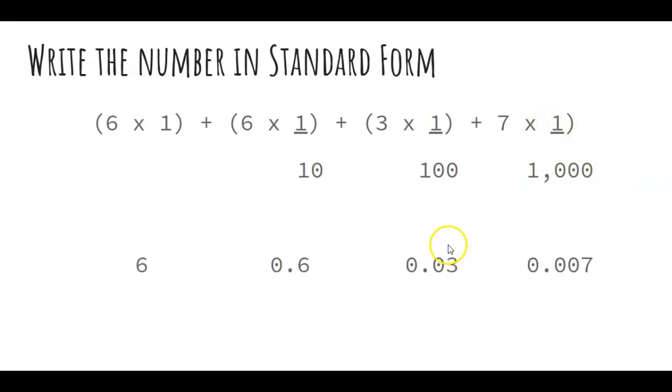And this is what that looks like. 6 times 1 is 6. This is the tenths place, so it's 6/10. The 3 is in the hundredths place. This is tenths, this is hundredths. And the 7 is in the thousandths place. Tenths, hundredths, thousandths. So if I put it together, this number is 6 and 637 thousandths.